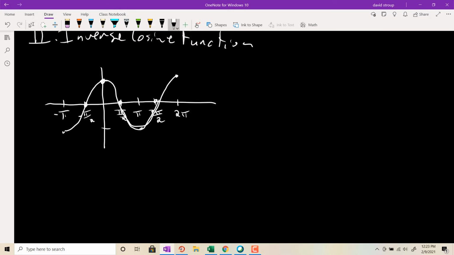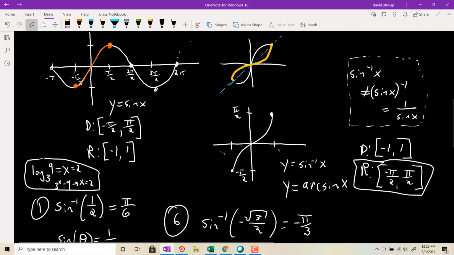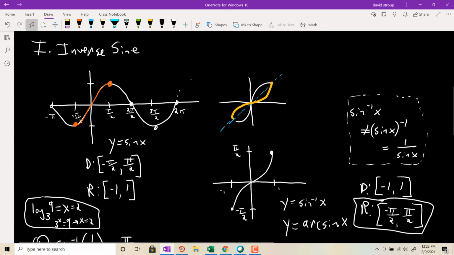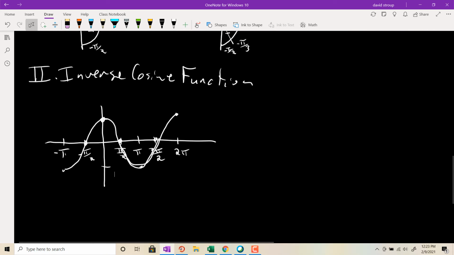Okay, so the spiel is if we just restricted it to the same domain, which would be convenient and easy to memorize, the problem is if you go from negative pi over 2 to pi over 2, do you see the issue? It's not invertible anymore because it will fail the horizontal line test. You'll have a horizontal line going through this hump and hitting it twice.